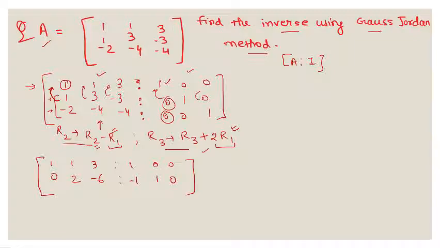Then R3 plus 2R1: minus 2 plus 2 is 0, minus 4 plus 2 is minus 2, then minus 4 plus 6 is 2. Here 0 plus 2 is 2, 0 plus 0 is 0, 1 plus 0 is 1 only.